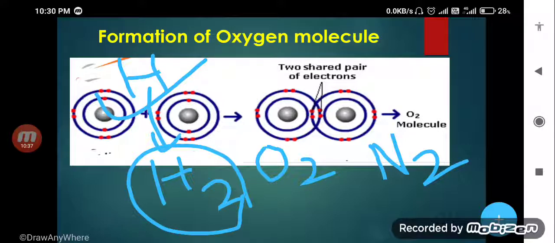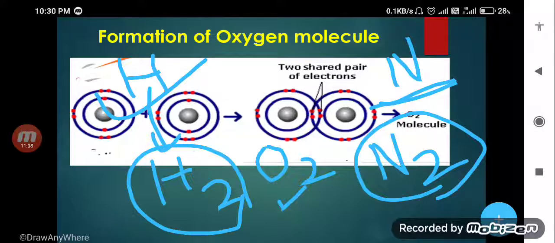If you write H, it represents the element hydrogen, but whenever you write H2, it represents hydrogen gas. Similarly, in the case of oxygen, O2 represents oxygen gas, and N2 represents nitrogen gas. So, that is the difference. Suppose you write N, N means the nitrogen element, but if you write N2, it represents nitrogen gas.